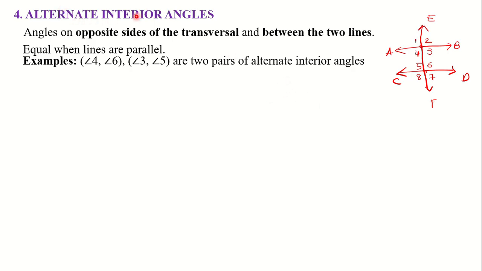So alternate interior angles are those angles that are on opposite sides of the transversal and between the two lines. Examples, here you can see that angle 4 and angle 6 are one pair of alternate interior angles, as well as angle 3 and angle 5 are the other pair of alternate interior angles.